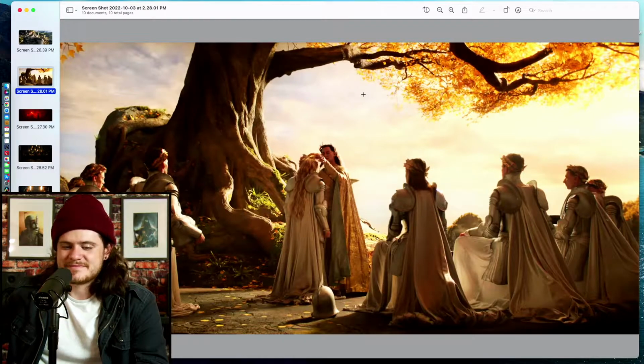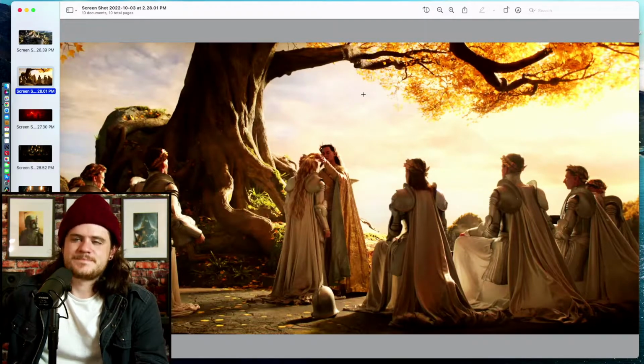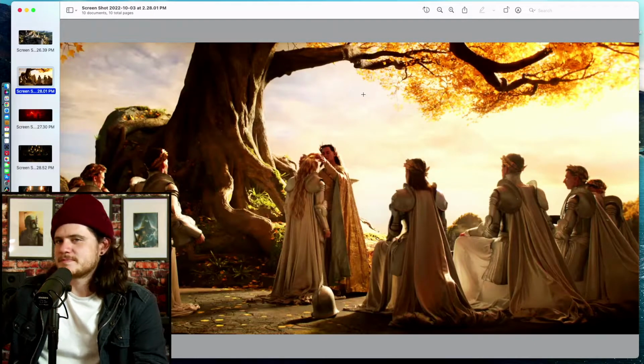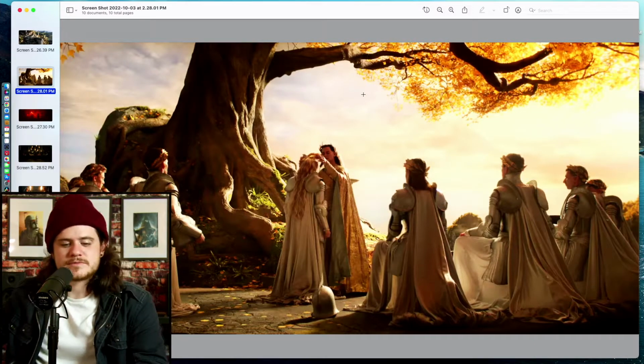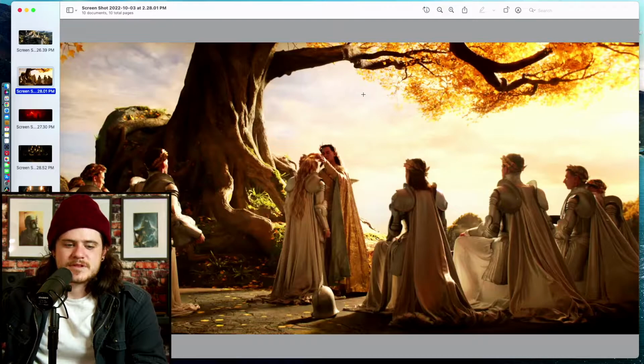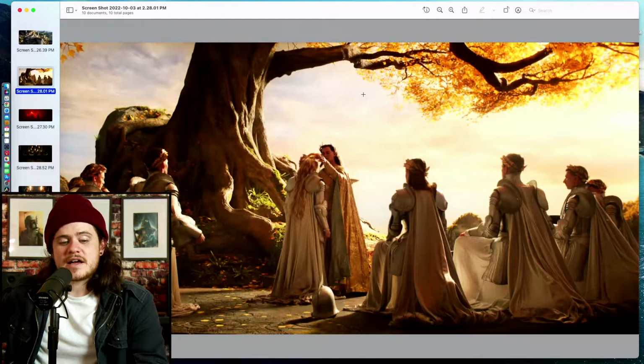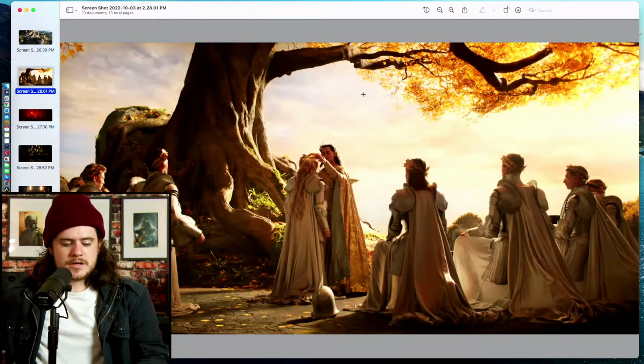It doesn't feel natural. It's supposed to also feel a little like that half moon Council of Elrond feel, but they don't give us any kind of depth. It doesn't feel like there's any depth in this image. They're in a half circle, but it doesn't feel like it. You can see it, but we don't get any scope of how we're supposed to feel about it.